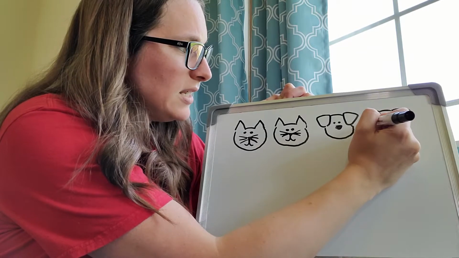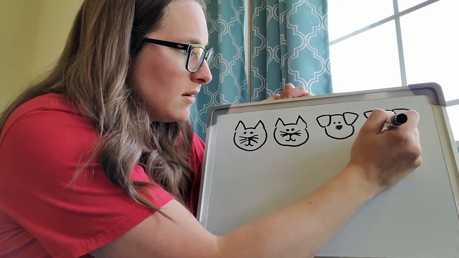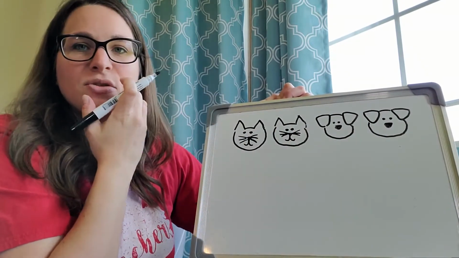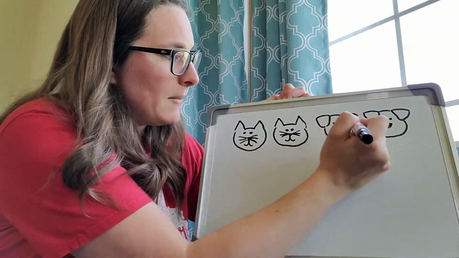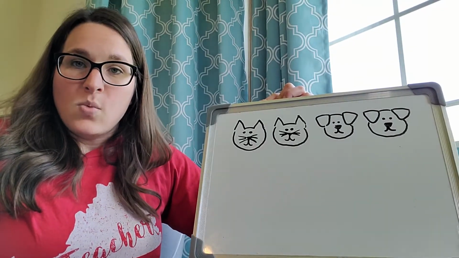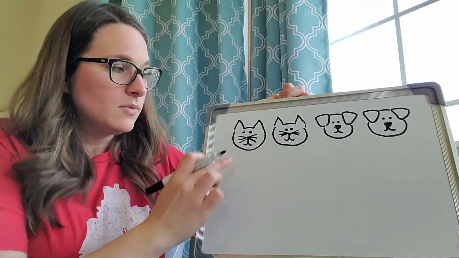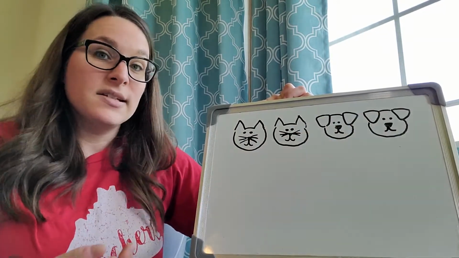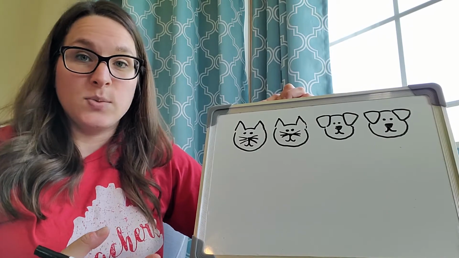Gotta draw his little ears. All right, so we have 2 dogs. I'll give him a mouth too. All right, so we were on a walk and we saw 2 cats, 1, 2, and 2 dogs, 1, 2. So now we're wondering, how many animals did we see?